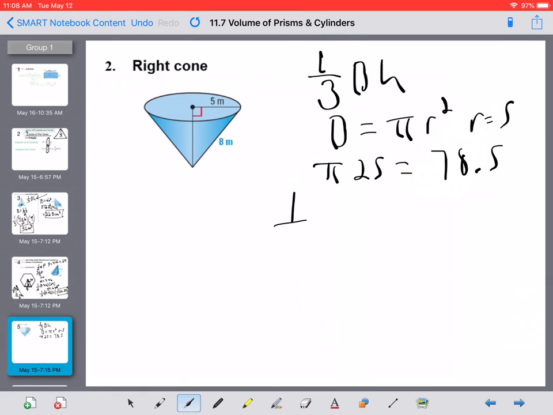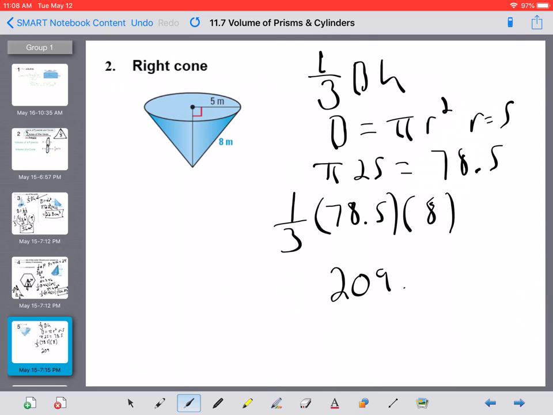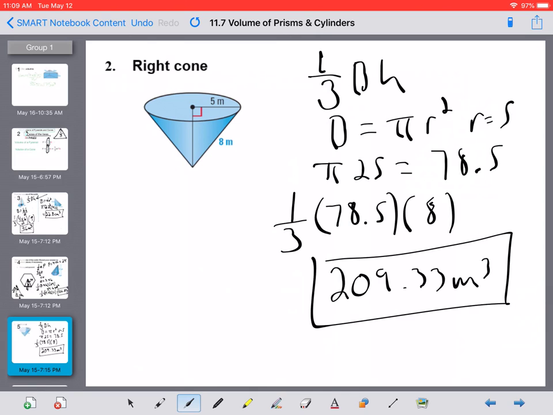So now it's 1/3 times 78.5 times the height, which is 8. We plug that in our calculator, and we get 209.33 meters cubed. And that's your answer for that one.